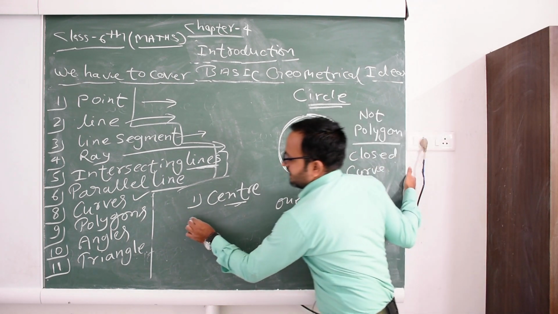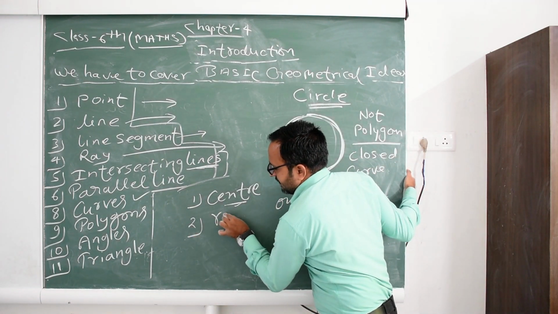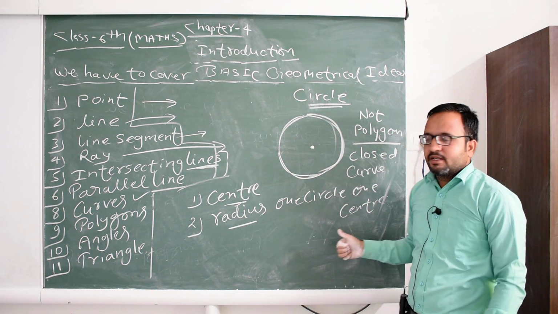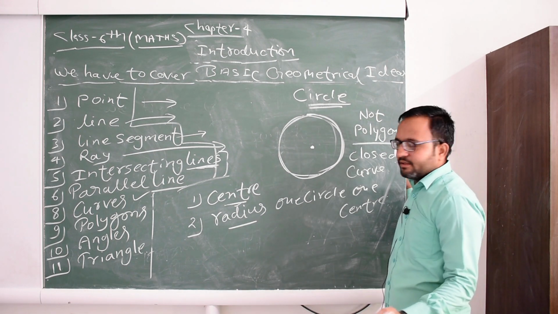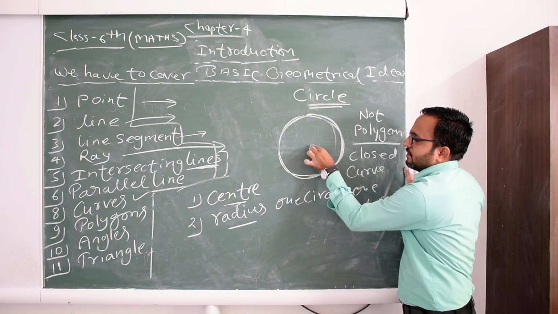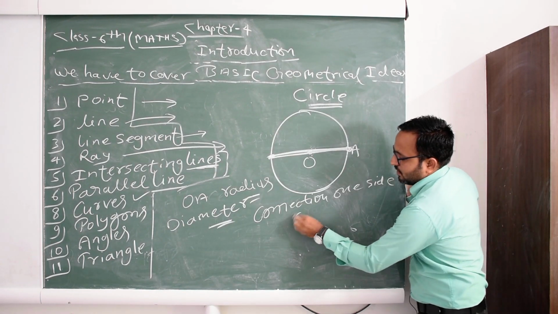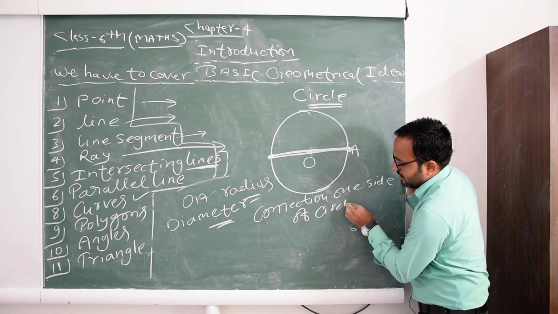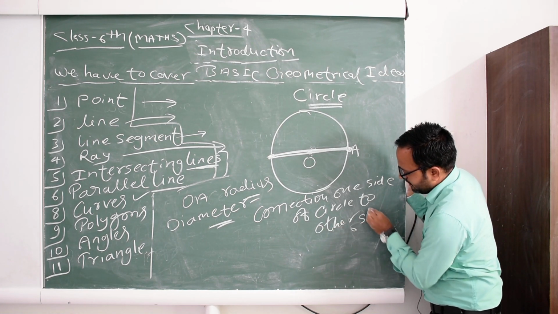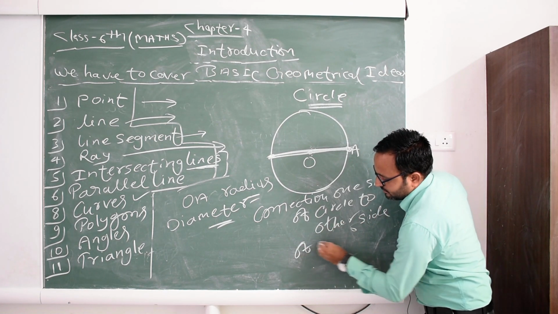Okay, second is radius. Now we discuss radius. Radius is a line that starts from the center of the circle to the other side of the circle.